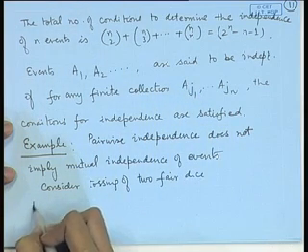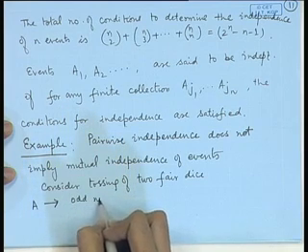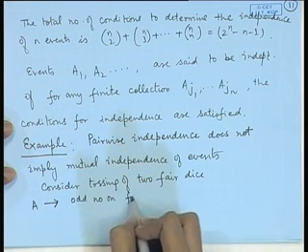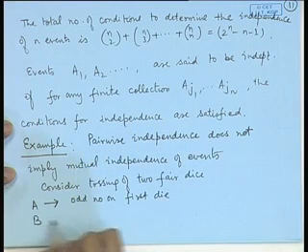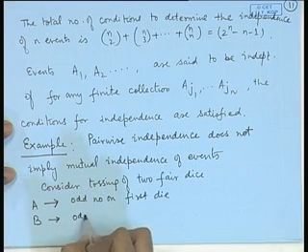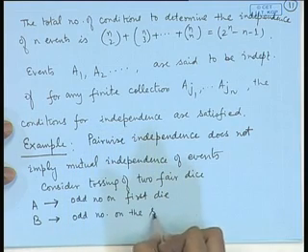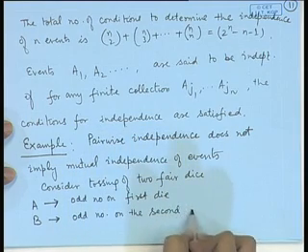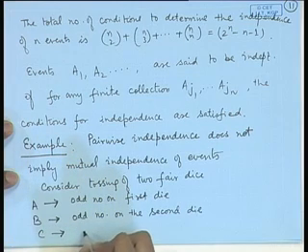Let me consider the event A as, say, odd number on first die, B as the event odd number on the second die, and C is the event odd sum.